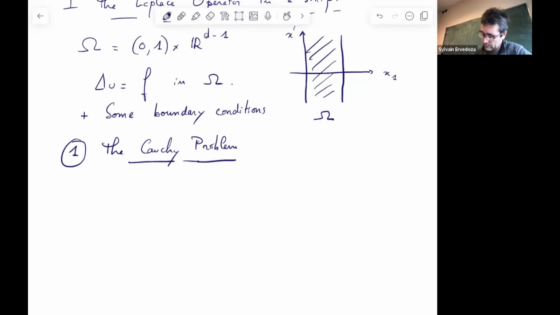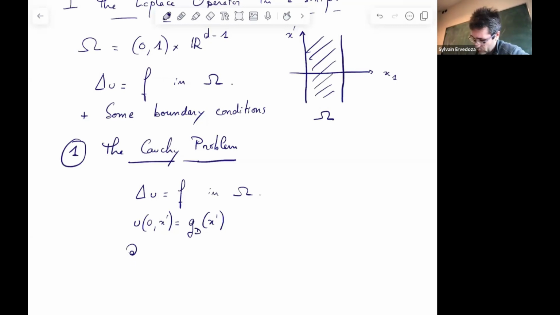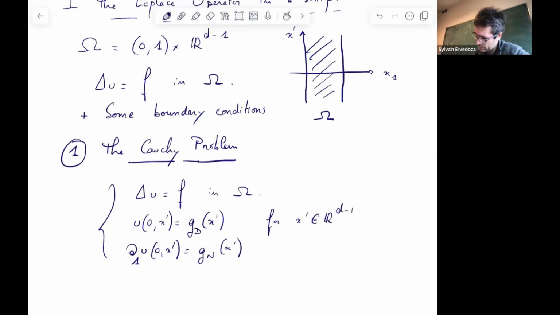You assume that you have Laplacian u equal to f in omega, and you know u(0, x') and we'll call this one g_D(x'), where D stands for Dirichlet. Okay, and d_1 u(0, x') equal to g_N(x'), so N stands for Neumann. So for x' in R^(d-1).